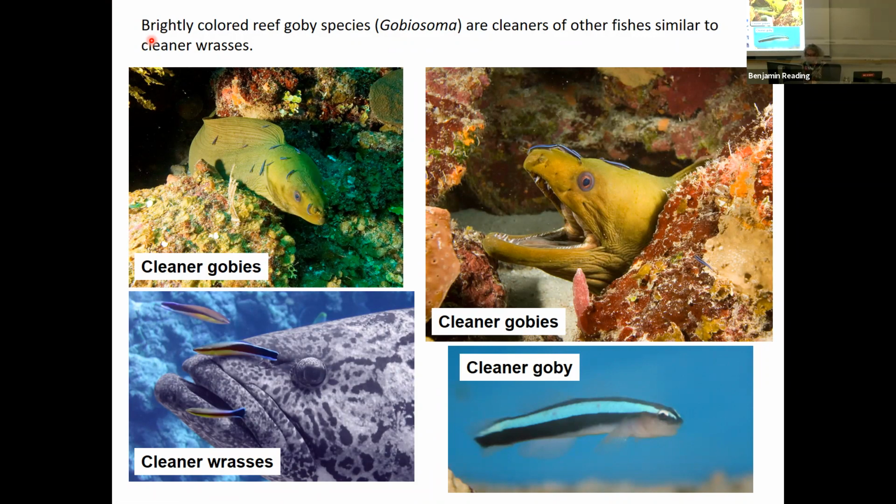We saw the wrasses of Labridae cleaning the mouths of some fishes. There are cleaner gobies as well, and you can see these cleaner gobies on this moray eel, cleaning parasites off the head and sometimes inside the mouth as well. And again, here's an example of those cleaner wrasses that clean, for instance, the mouth of some fishes. And here's a cleaner goby up close.